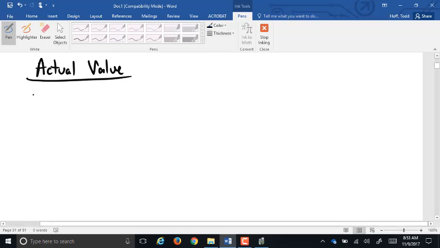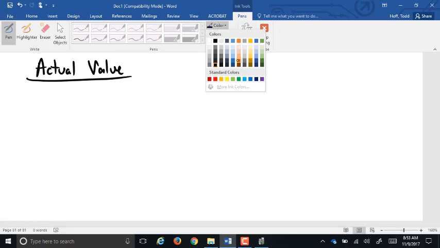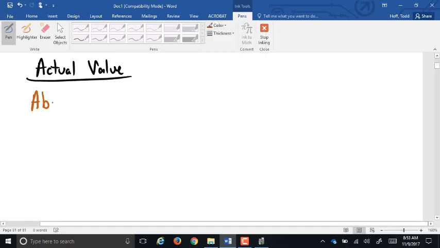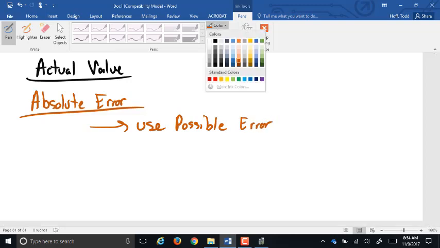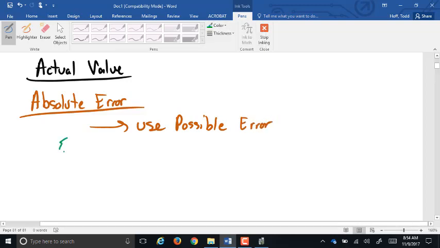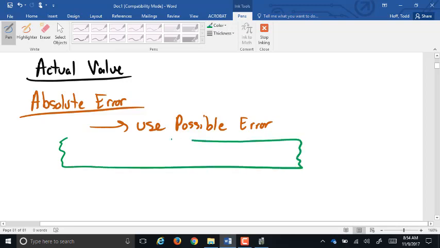So what we do is for the absolute error, we'll often use that possible error in the measuring device. So for an example, here's my ruler.